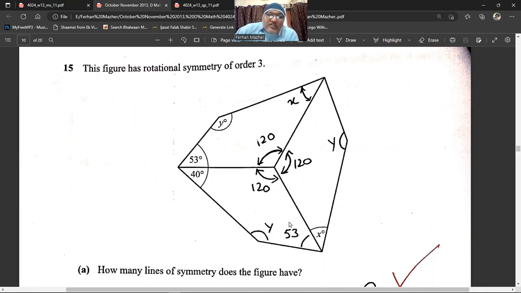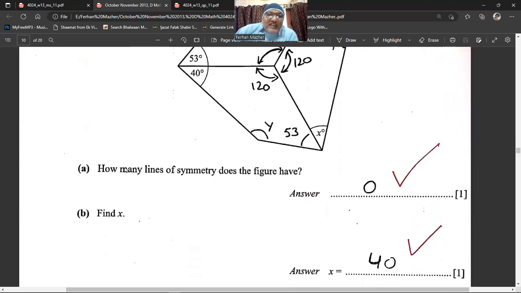And y, we can find it like this: when x comes here, it means x is equal to 40. Then for y, you can find y plus x plus 120 plus 53. Okay, they are the same. That's why I know this x is equal to this 40.